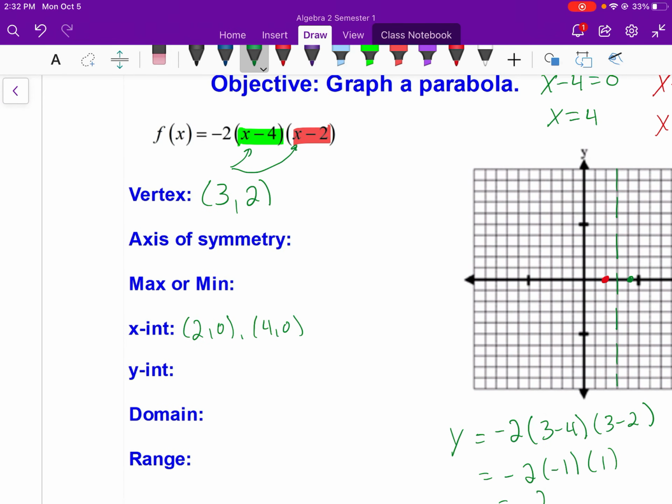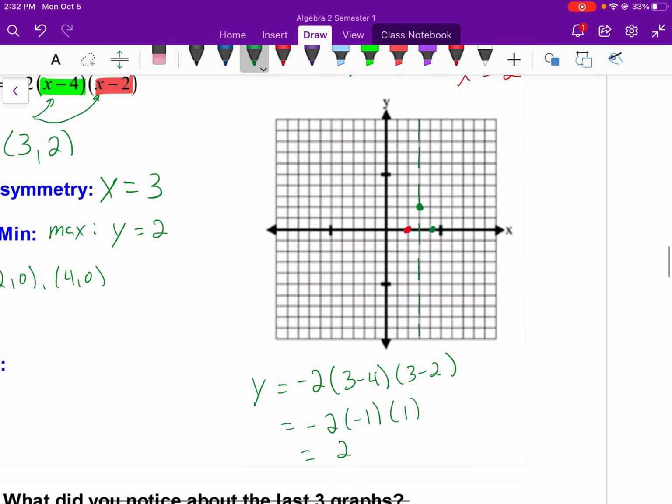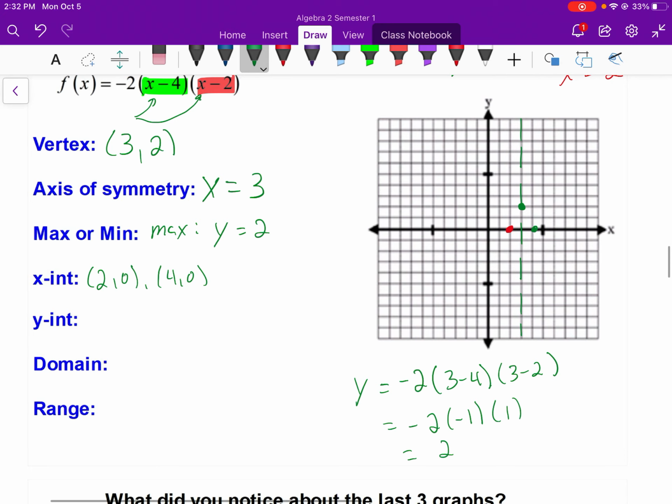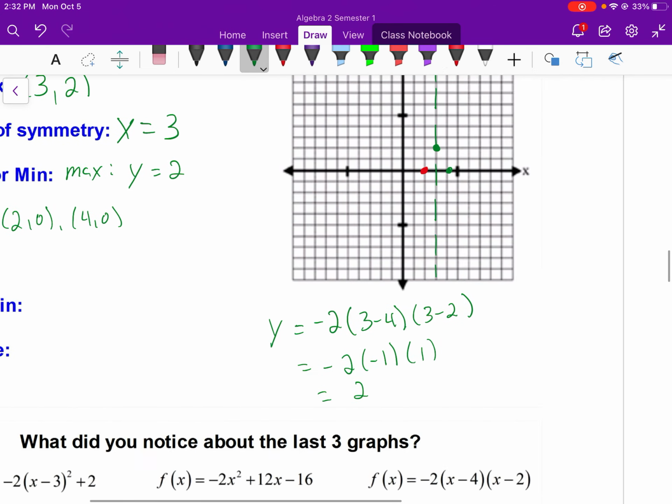So there we have our vertex of (3, 2). Now we actually already have 2 of those points. We also know the axis of symmetry is 3. We also know it's opening down, so we have a maximum of y equal to the y-coordinate of the vertex.